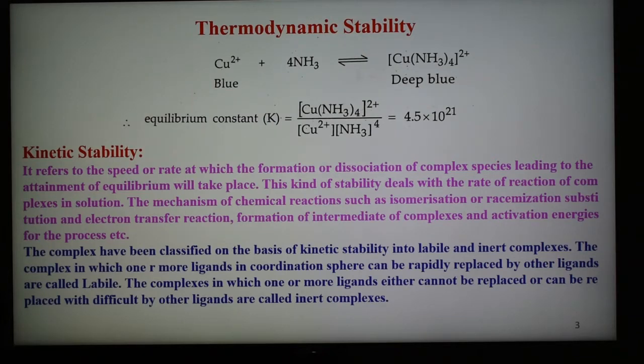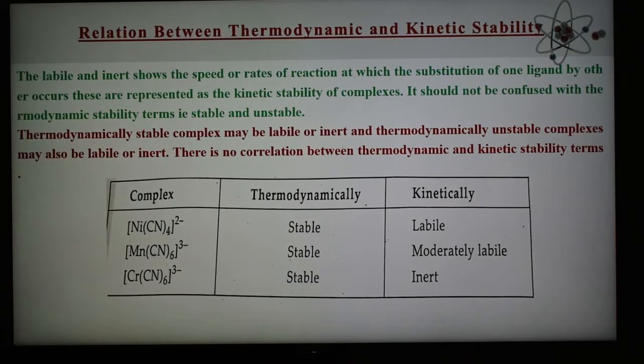So this is the second type, kinetic stability, and there is also a relation between thermodynamic and kinetic stability. The labile and inert complexes show the rate of reaction at which the substitution of one ligand by another ligand occurs, and this is represented as the kinetic stability of the complex.